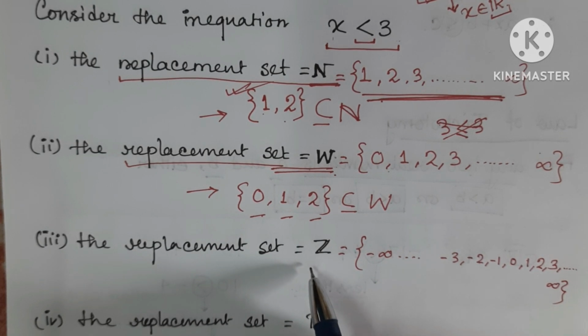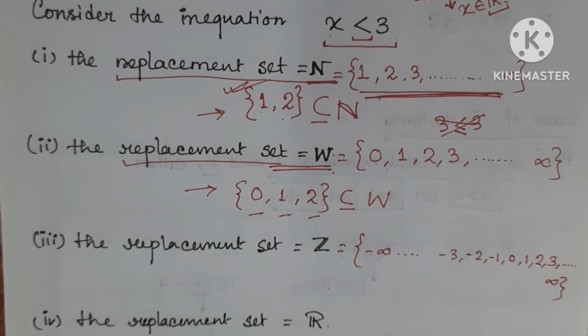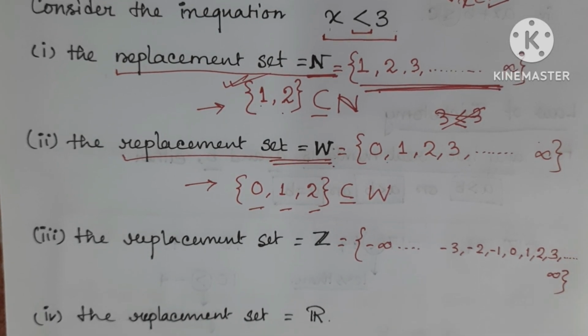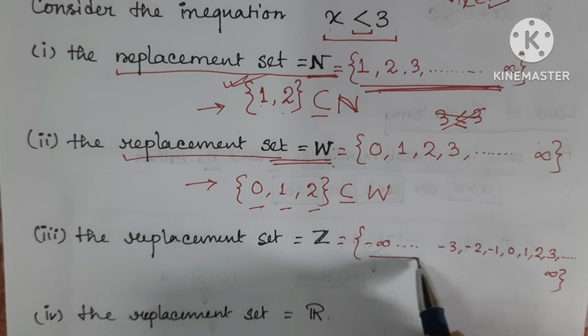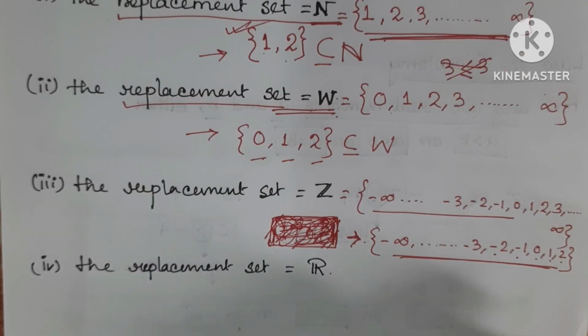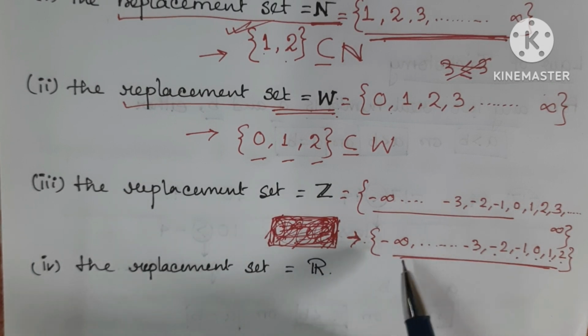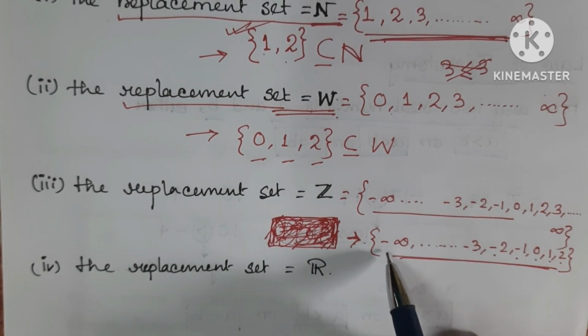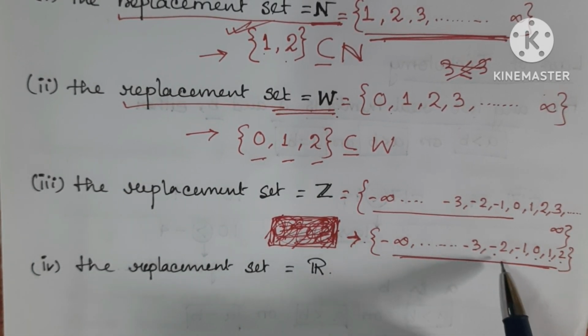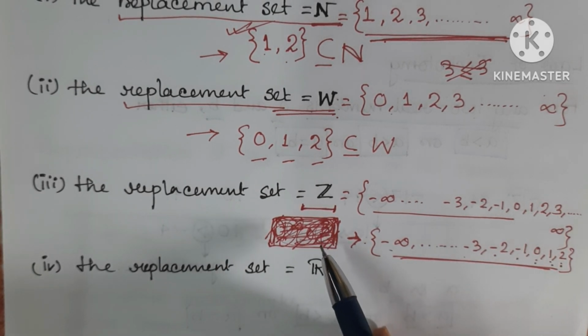Now, if Z is the replacement set, what will be the solution set? See, all these members up to this inequation will come to this solution set. So, if the replacement set is Z, then the solution set will be from minus infinity. If you change the replacement set, you will get a different solution set.